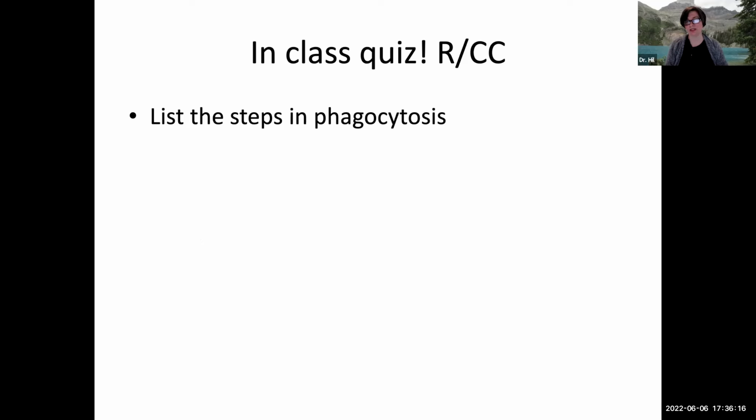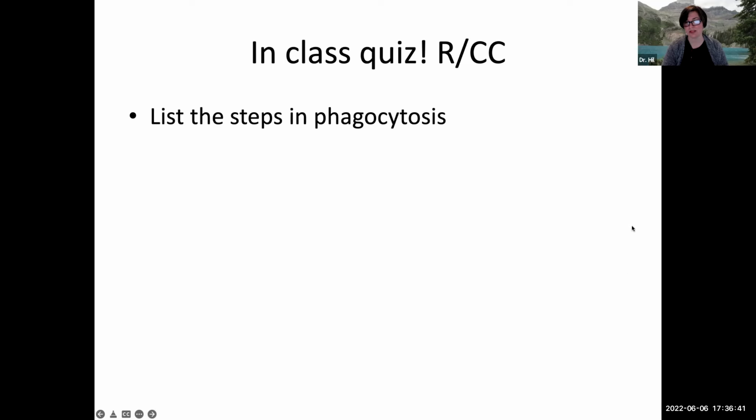And then when we get to what those events are, I'll ask another person what happens next, and we'll get to the end of phagocytosis in this way. So think about how you would describe the first, second, third, fourth step in phagocytosis, if we were to break it down. And then I'll ask someone to give me the first step. And you know my rule. If you don't have an answer, you can always pass. It's not a problem.